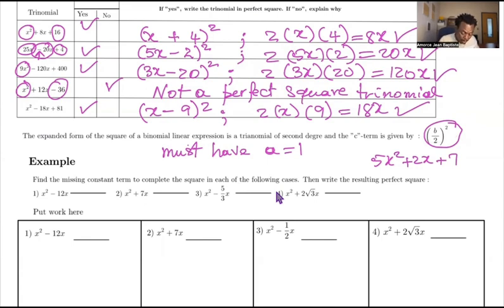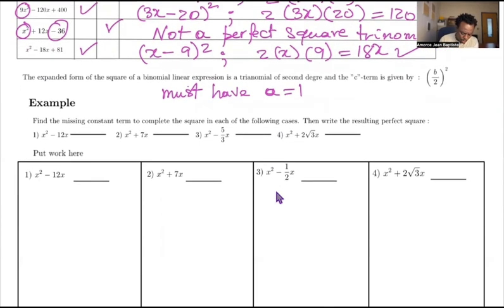So we have to remember that a must be 1 in order to find the constant as b, the coefficient of the linear term, divided by 2. In your notes, I mistakenly put an a here, so there's no a, it's b divided by 2 squared. Now, given that, we can complete the square for each of these.